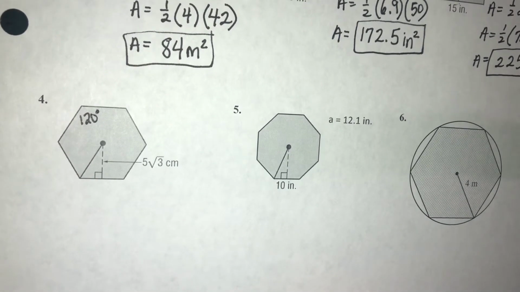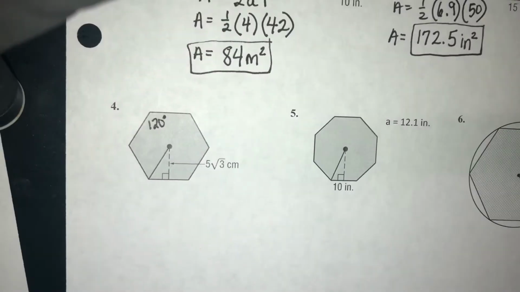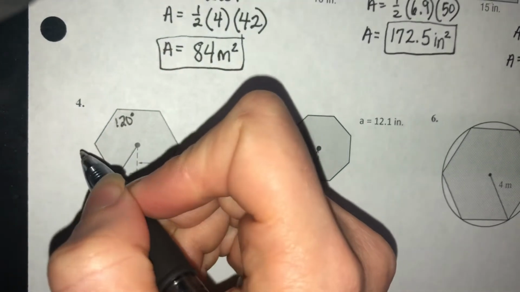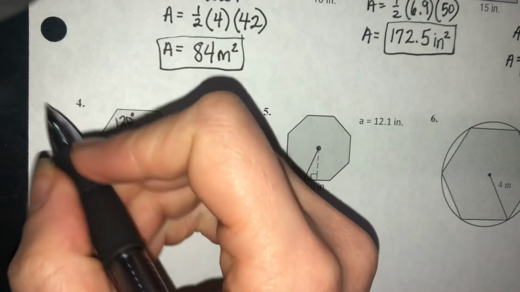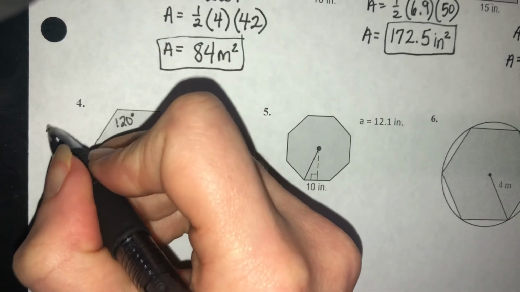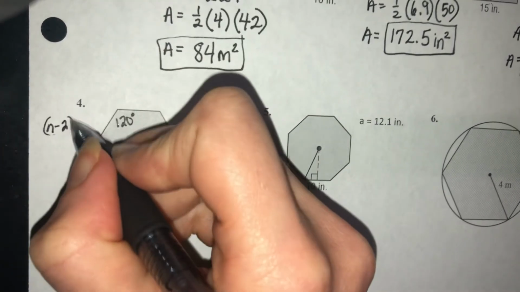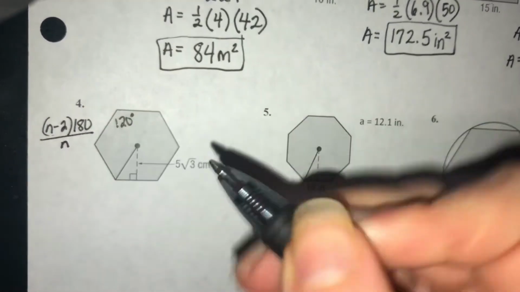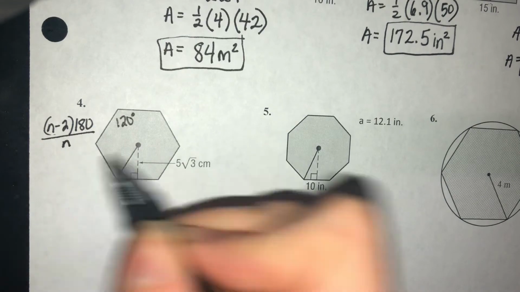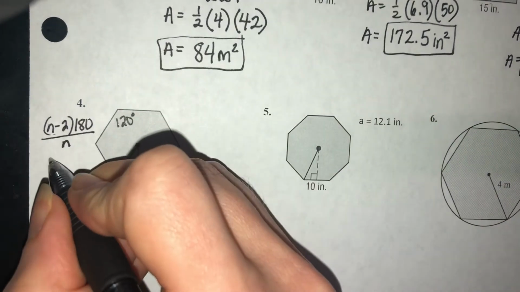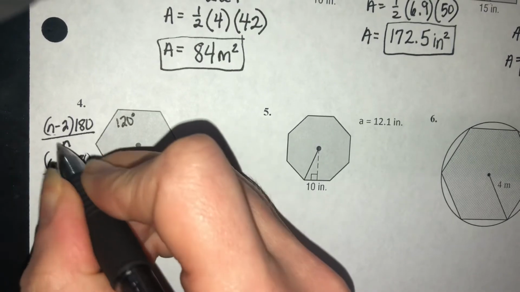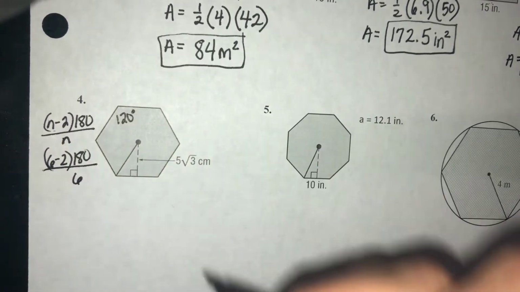If you don't remember, you could always use the formula for the degree measure of an angle of a regular polygon, which we learned was n minus 2 times 180 divided by n. So we have n for the number of sides, 6 sides, minus 2 times 180 divided by the same 6 sides.